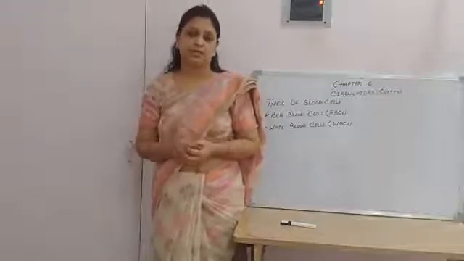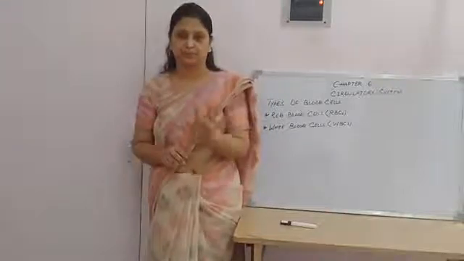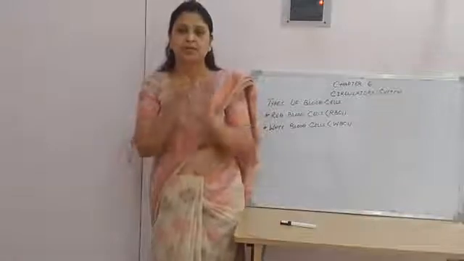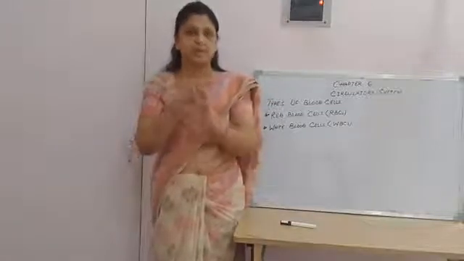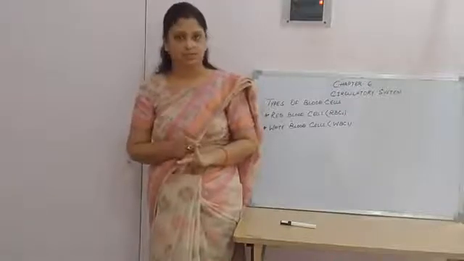These broad categories can be further divided into 5 main types: neutrophils, eosinophil, basophils, lymphocytes and monocytes.